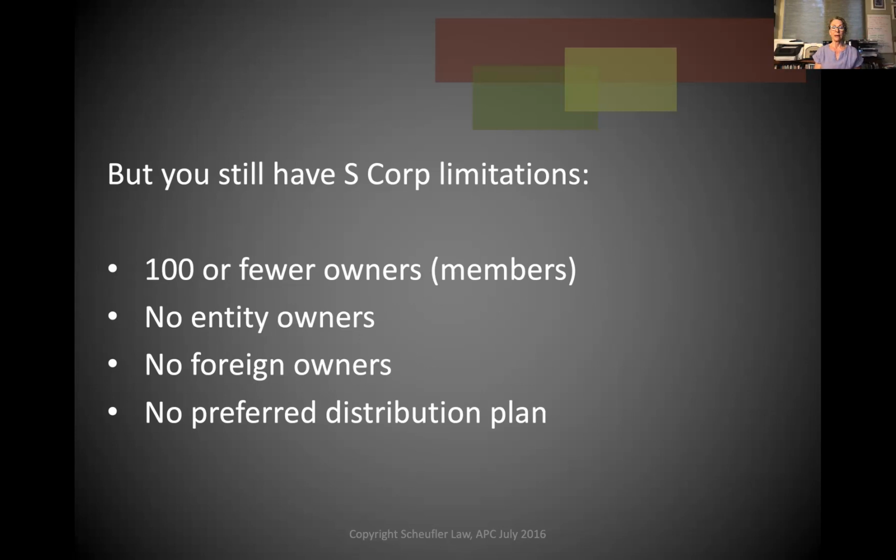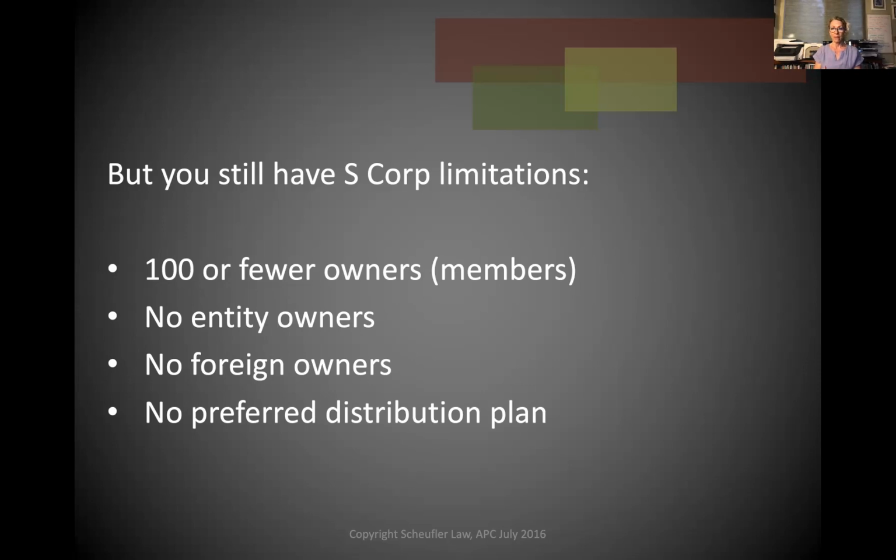So the LLC was kind of created as a hybrid between the S corp and the limited partnership, so that it could provide that opportunity for people to invest into an entity, have liability protection, and not have a double entity structure, and still be able to enjoy those individual capital gain rates, not corporate capital gain rates.